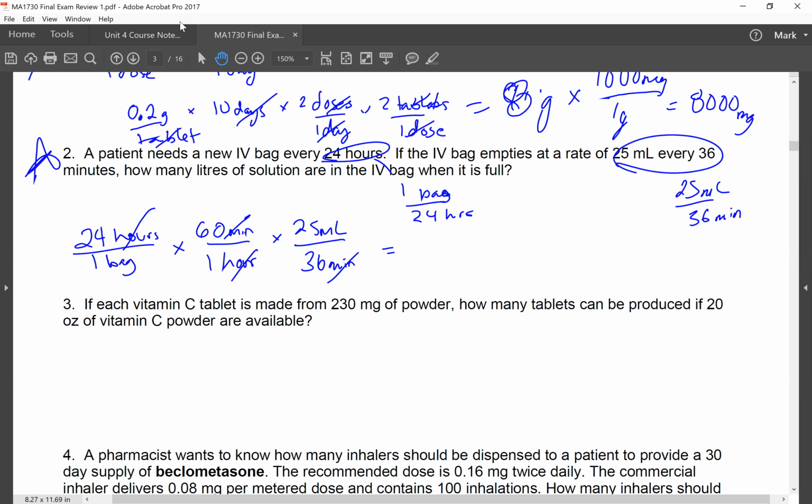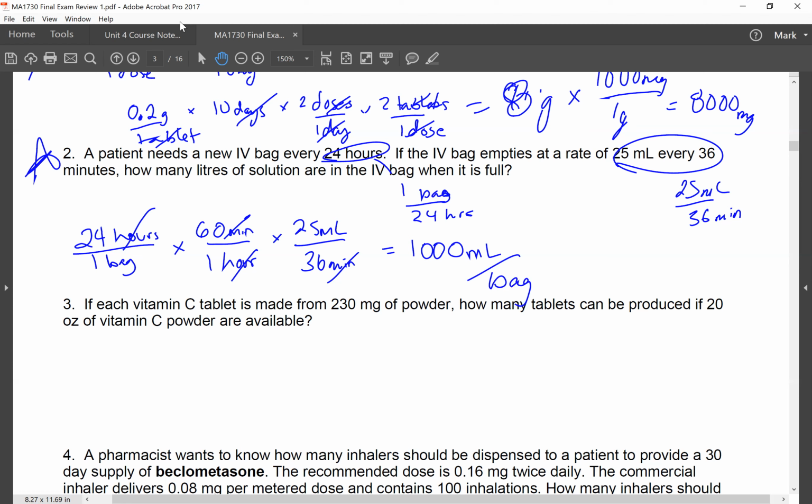We're almost done, but there's one extra step here. So 24 times 60, that's going to be how many minutes. Then I'm going to multiply that by 25 divided by 36, and I'm going to get 1,000 milliliters per bag.